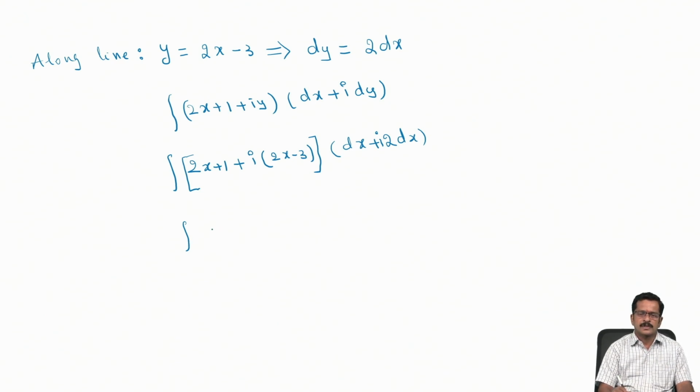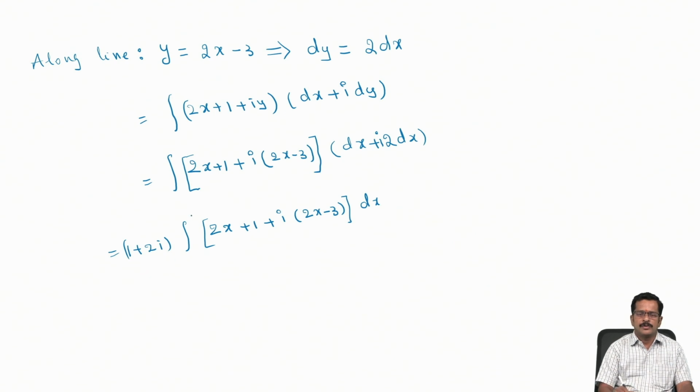So that is the integration of (2x plus 1 plus i into (2x minus 3)) into dx. When I take dx common, 1 plus 2i will be left, and I am writing that outside.